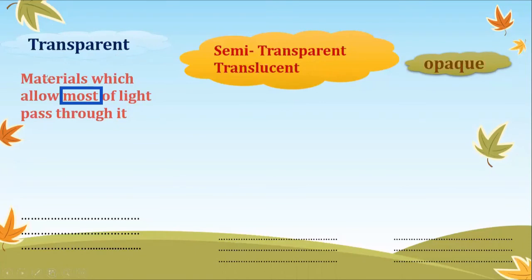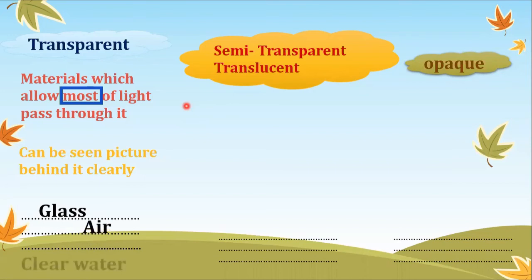Transparent are materials which allow most of light to pass through it. Most means all of light passes through it, like glass, like air, like clear water.